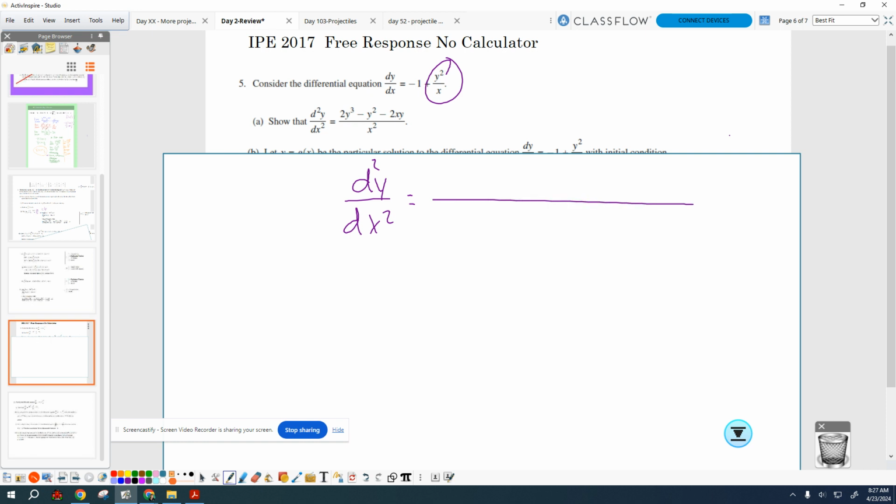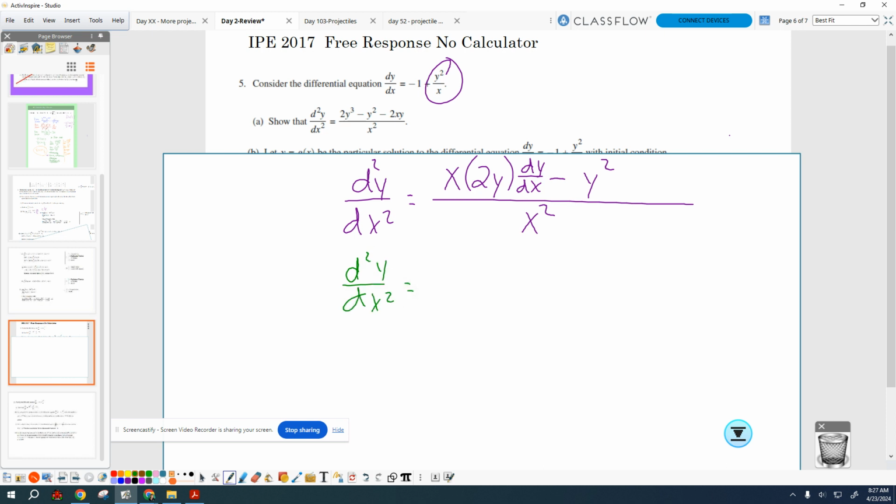It's x times 2y dy over dx minus y squared times dx over dx, so it's y squared over x squared. Right? So times 1, and then the whole thing over the denominator squared. Okay. Next step to cleaning it up. Grady, what do we do? Which problem?